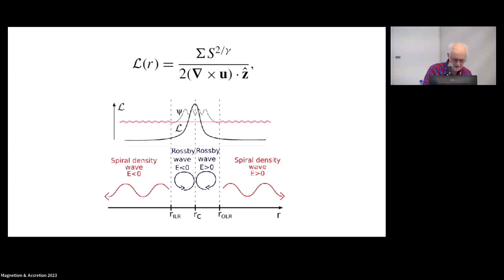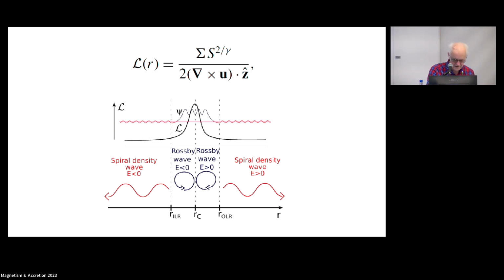And I show a sketch in the middle showing the profile of this inverse vorticity and the wave function. And so if the bump in this inverse vorticity is large enough, then the wave is trapped. The Rossby wave is trapped in this region.